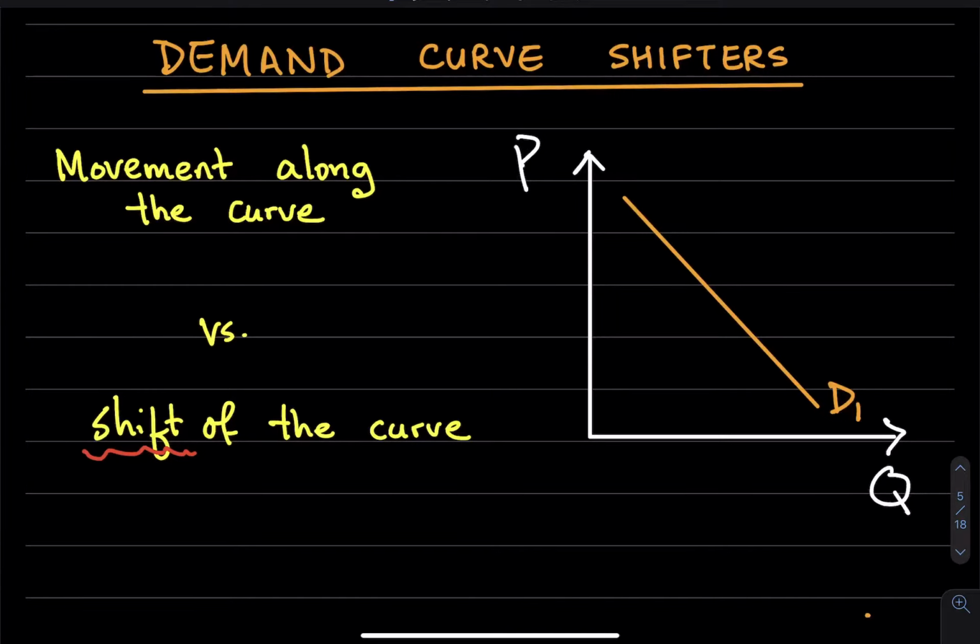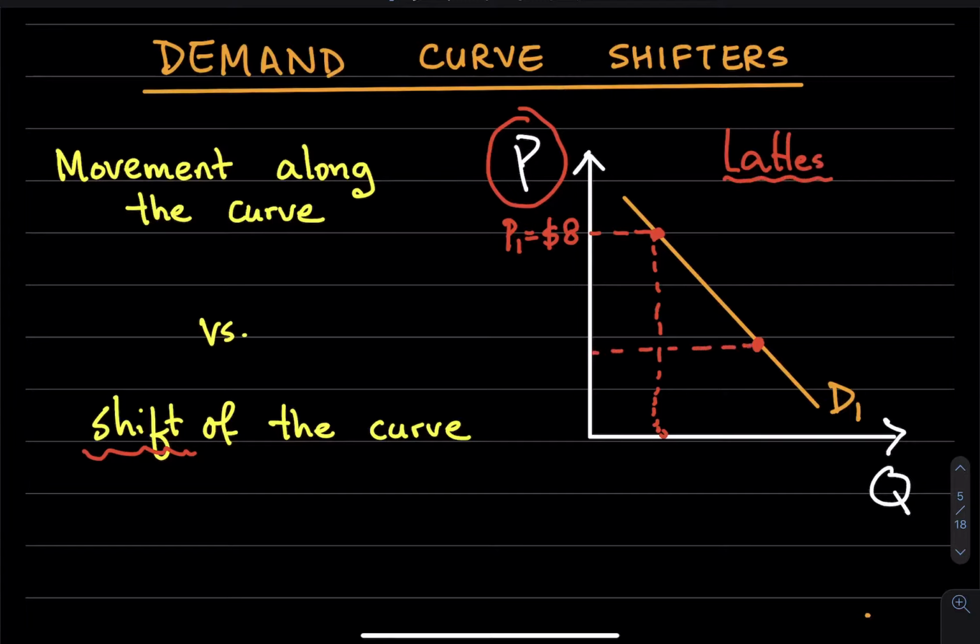Now, I want you to remember that whenever price changes, we are moving along the curve. So let's say the price was P1, which was $8. We were talking about lattes earlier, and let's say the price fell to $4.